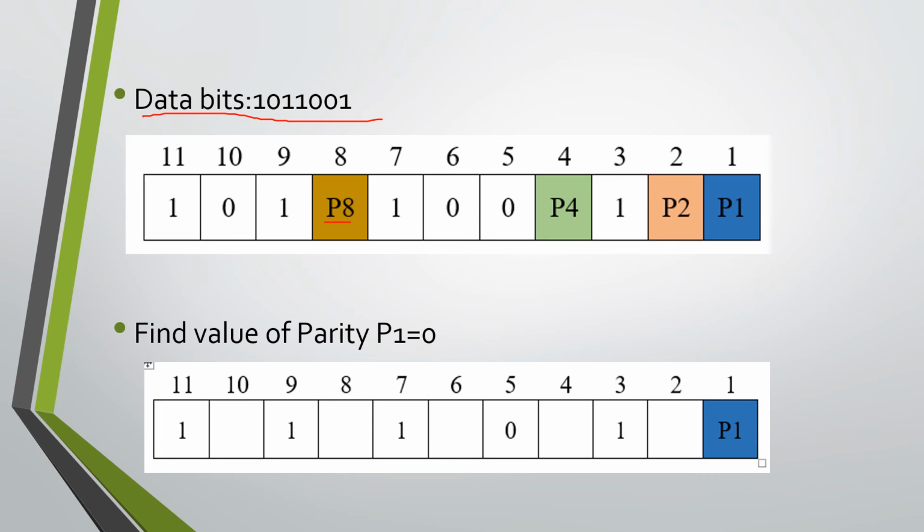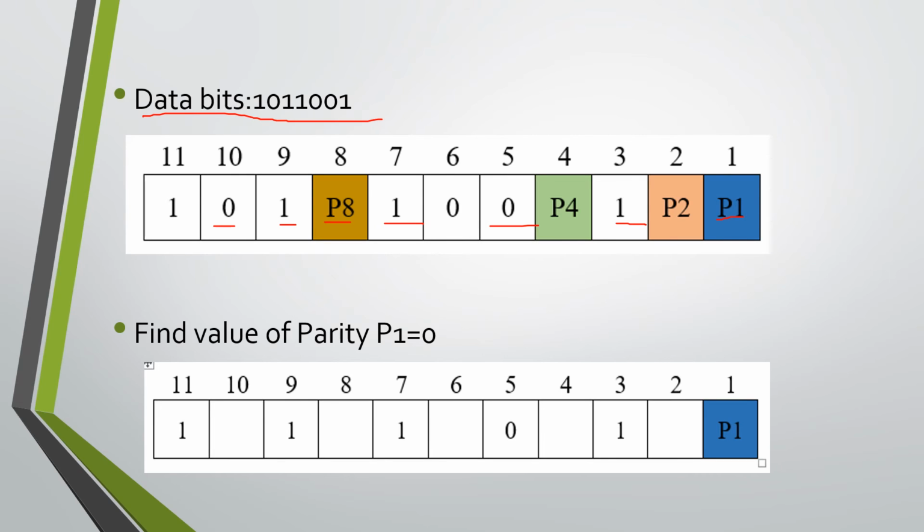So here to find the value of P1, we use position numbers 1, 3, 5, 7, 9, 11, etc. So this will represent the same. Here P1 will be calculated from positions 3, 5, 7, 9 and 11.